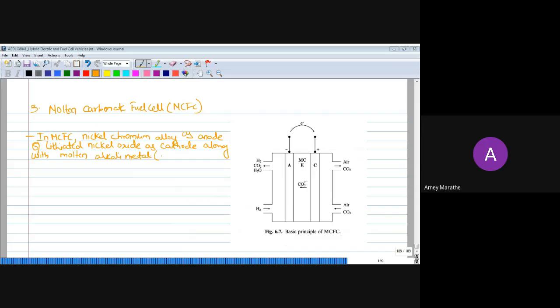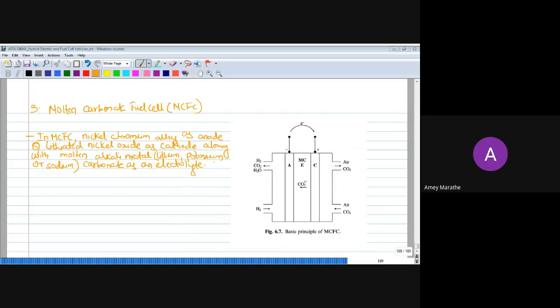So molten alkali metals like lithium or potassium or sodium carbonate. Metal carbonate is used as an electrolyte, and that is why the name.